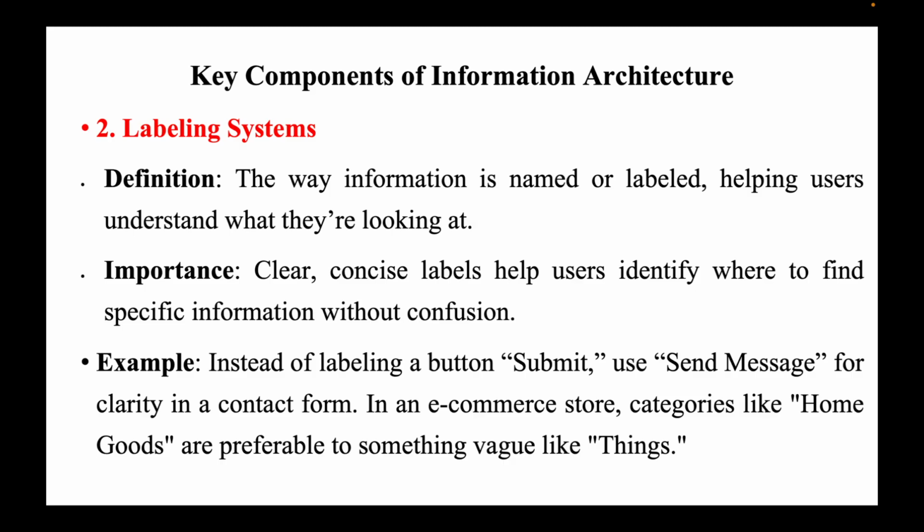Example: instead of labeling a button submit, use send message for clarity in a contact form. In an e-commerce store, categories like home goods are preferable to something vague like things.